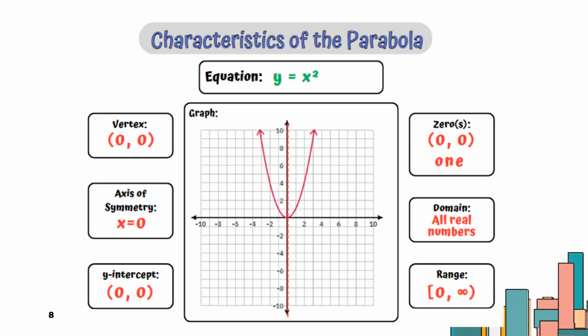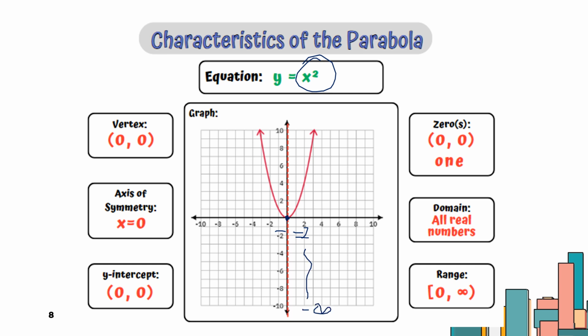Let's look at the parent function. So x squared, that's the parent function of the quadratics. So everything we do with quadratics is going to start with the parent function. Our vertex, which is where it turns around, that's at the origin, (0, 0). And if you notice, the range here can't be -1 or anything, right?